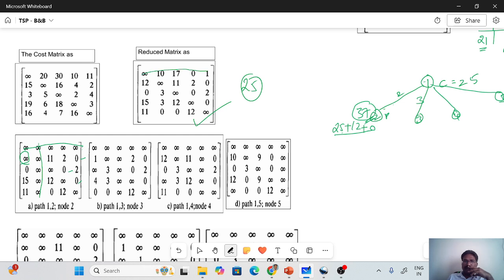So this one and this one. And what is the cost as of now? 25 plus. What is the cost of 1 to 3? 17. 1 to 3 is 17.